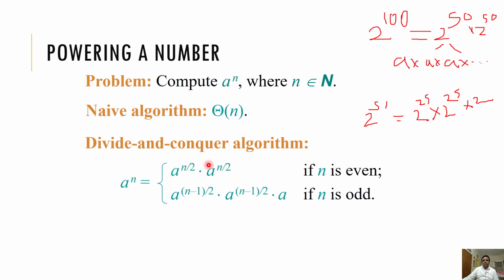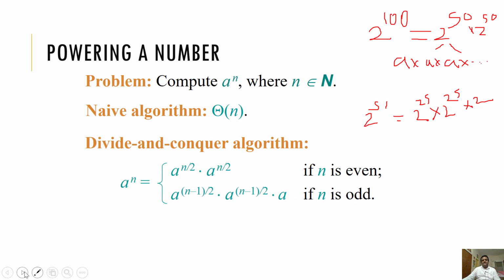Once we get the solution, we don't need to call again, because we can multiply it with itself to get the solution of the whole problem. If n is odd, then we multiply with itself and then multiply one more a, so that is 2 multiplications, whereas here we have 1 multiplication. So the combine step is this multiplication, and that is also order of 1, because we are assuming multiplication takes constant time.